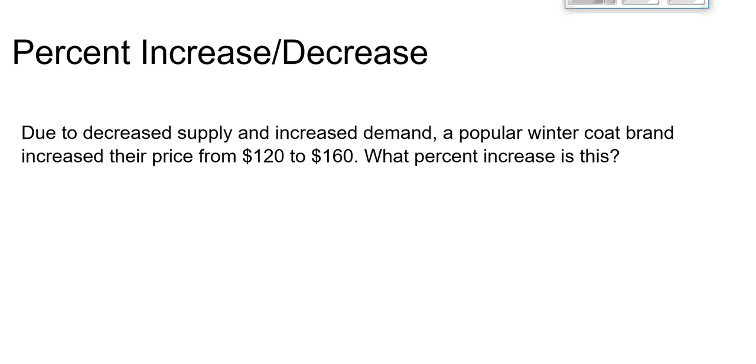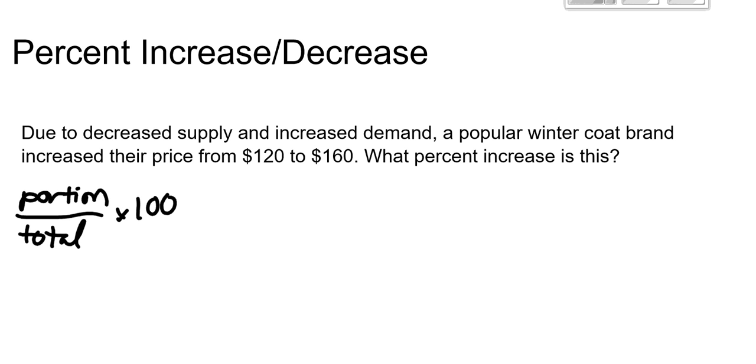So the first thing that you have to remember is percent is always a portion over a total times 100. With percent increase or decrease, we have to think about that the portion is the amount we increased or decreased.